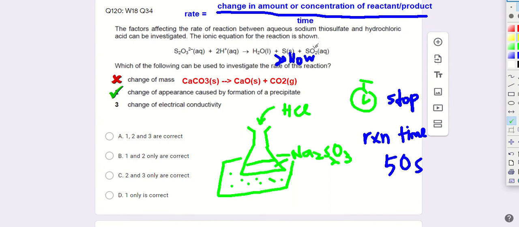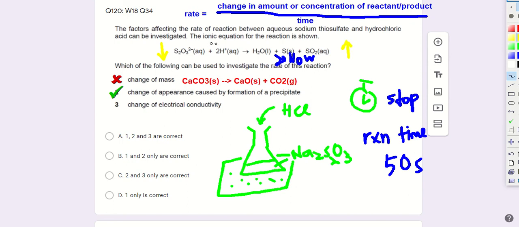So can you imagine at the very beginning, before I have my products, electrical conductivity of the solution is high because I have a lot of ions. Over time, these two react with each other to give products. So the concentration of reactants will decrease. Concentration of product, or amount of product, will increase.